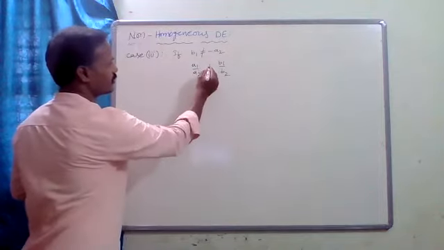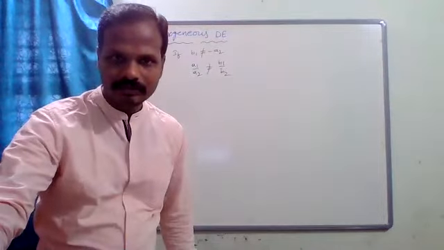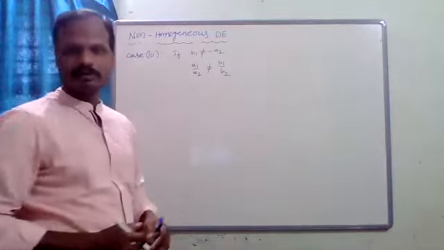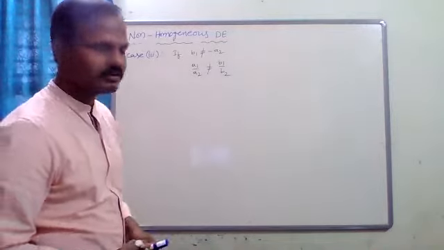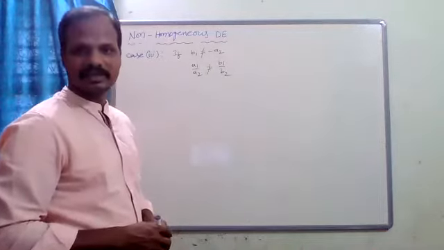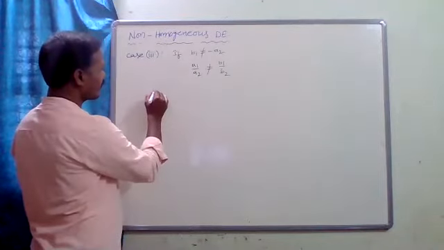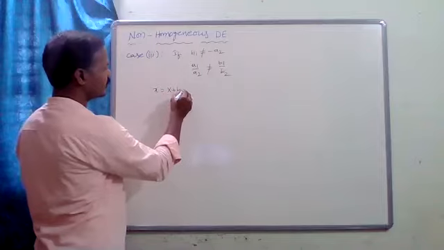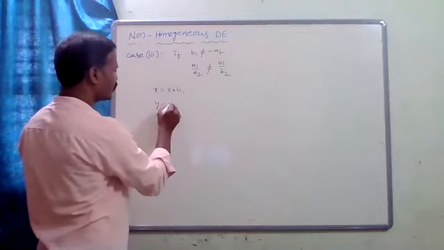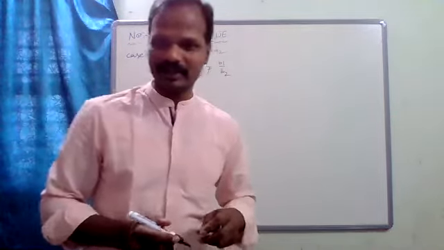If it fails, that is, A1 by A2 not equal to B1 by B2, then we have to use the third case. That is, you have to consider x equal to capital X plus h, y equal to capital Y plus k. So this is a transformation of axes.